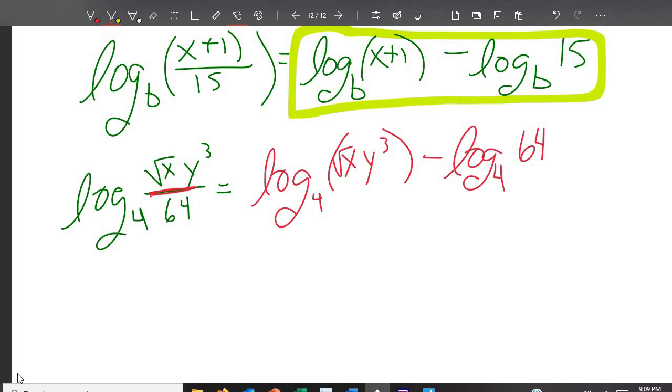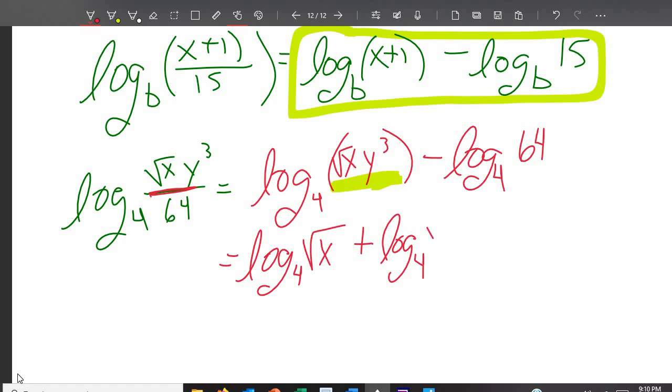Check them to see if you could do the product rule. Well, notice here, this is a product, x times y. So we can break this one down one more time. That's square root of x. Whoops, not like that. Plus log base 4 of y cubed minus log base 4 of 64.